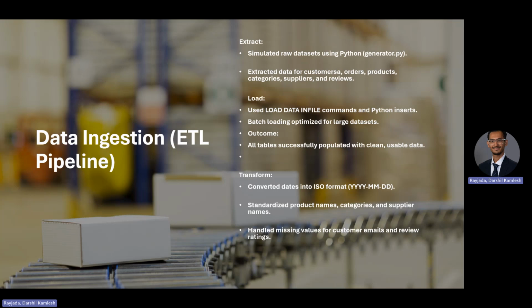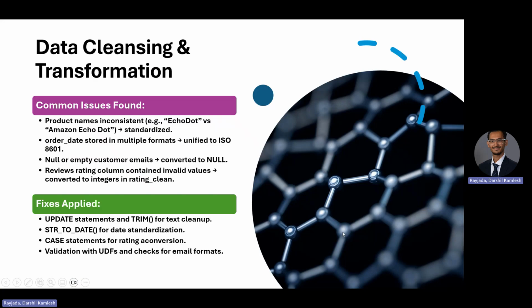I have followed ELT instead of ETL. I created a Python script to generate and extract raw data sets. Data was loaded using SQL commands and batch inserts for efficiency, as you can see. Now transformation will include standardizing the dates, product names, categories, and handling any missing values, and that's what is mentioned over here.